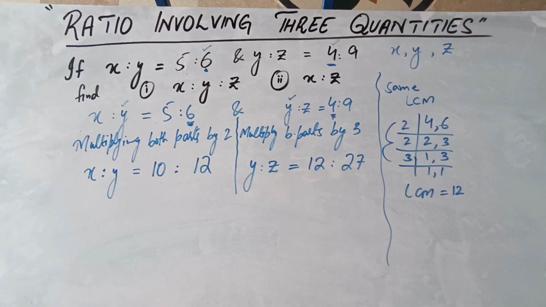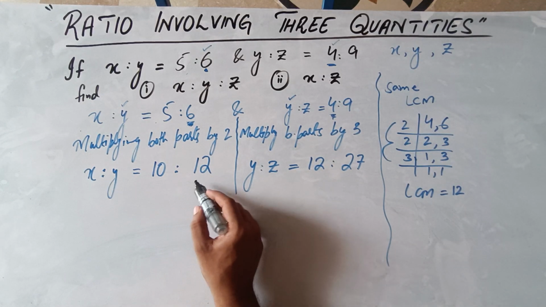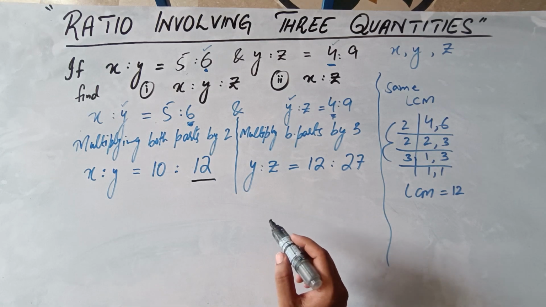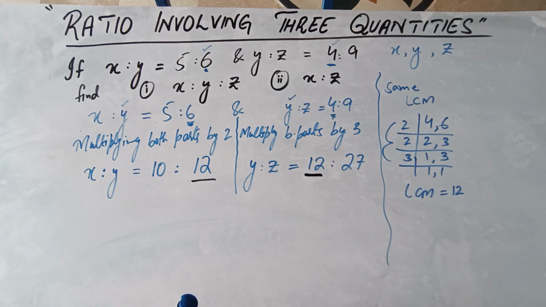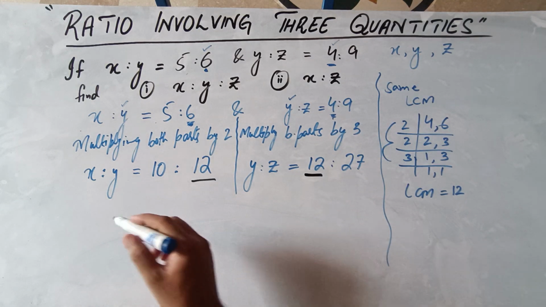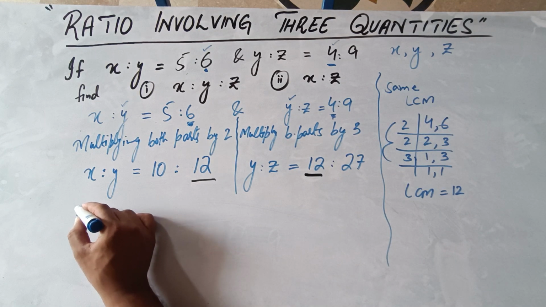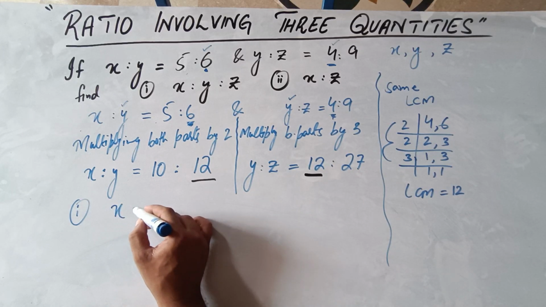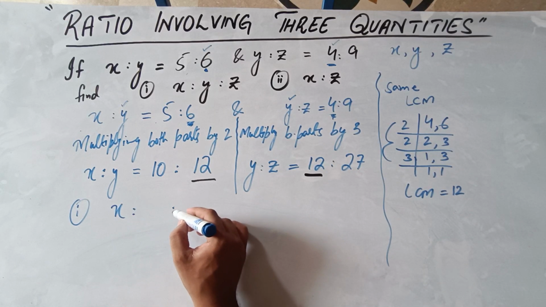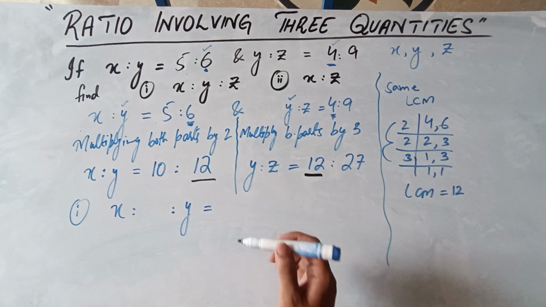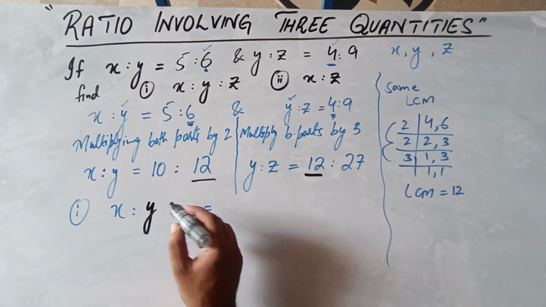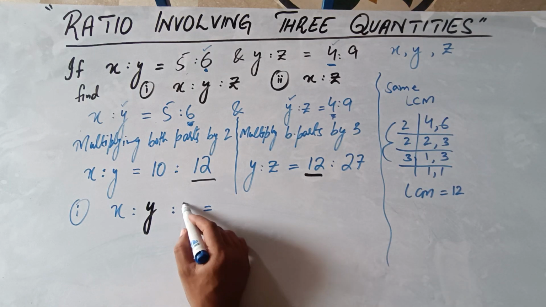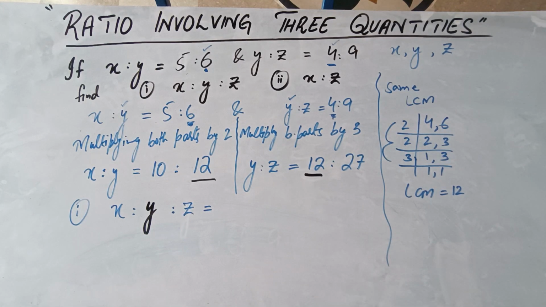Now you can see that the value of y in both the ratios has become equal. y is 12 over here and y is 12 over here. Now we can connect them together in a continued form. x ratio y ratio z is equal to, so y I am writing with a different marker in order to make it prominent.